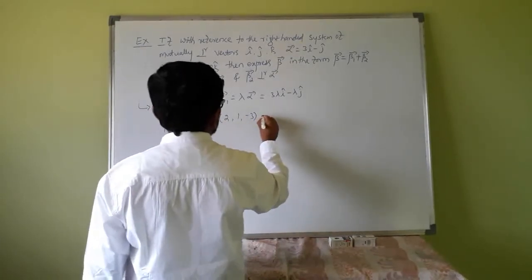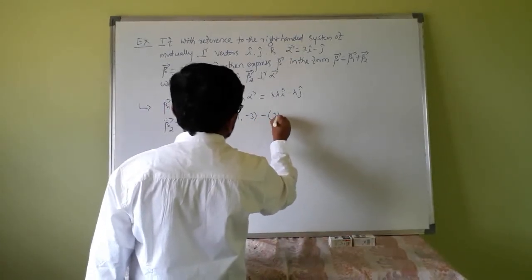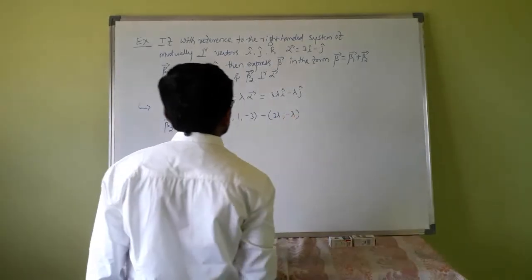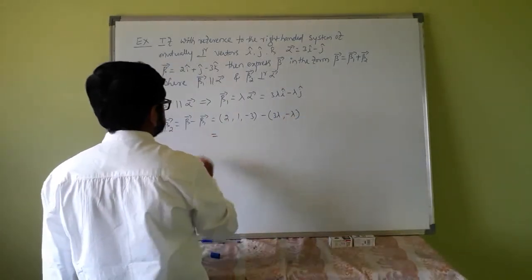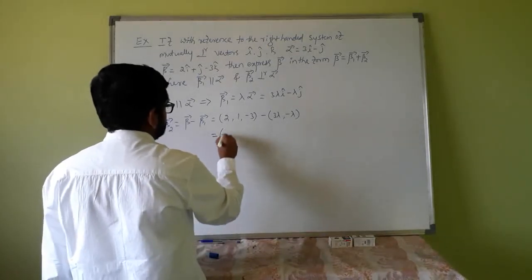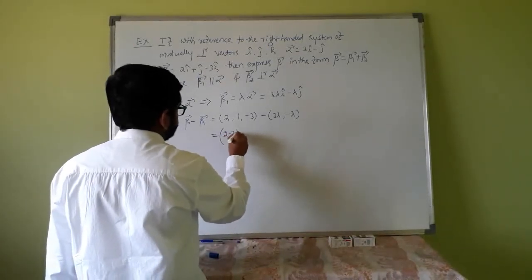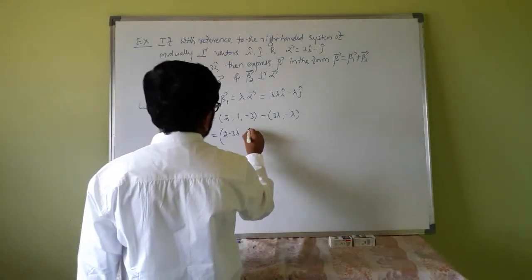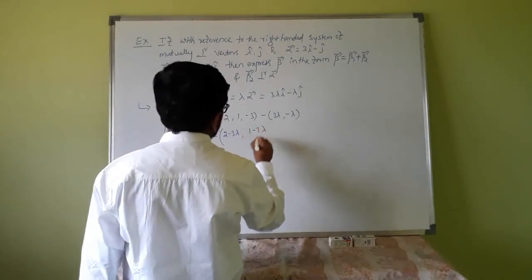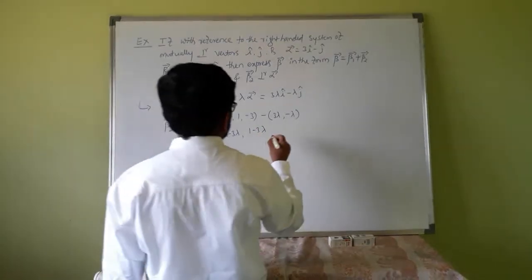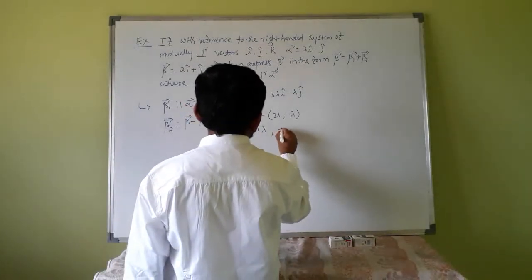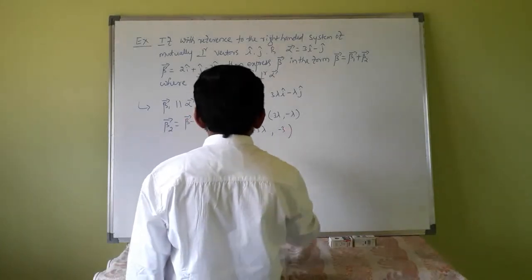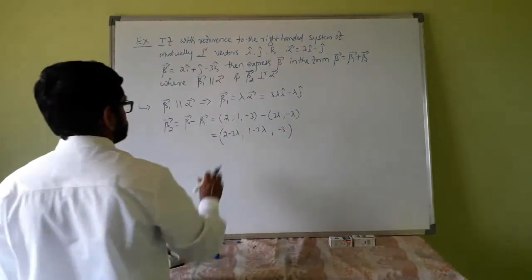Minus beta 1, which is 3 lambda, minus lambda. This is equal to 2 minus 3 lambda, 1 minus 3 lambda, and minus 3, only minus 3. This is beta 2.